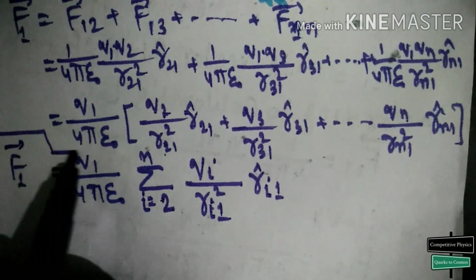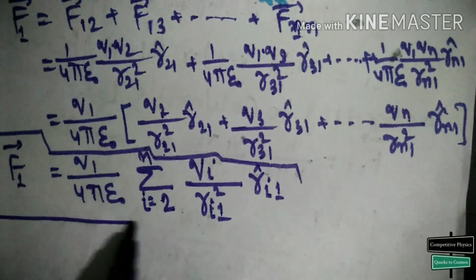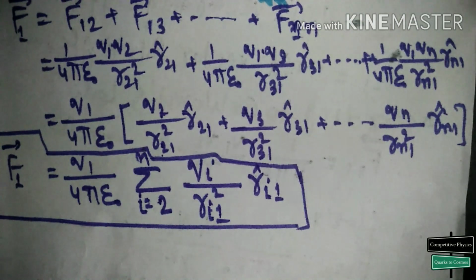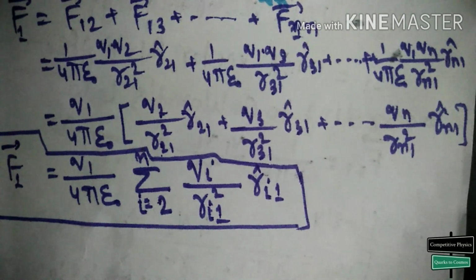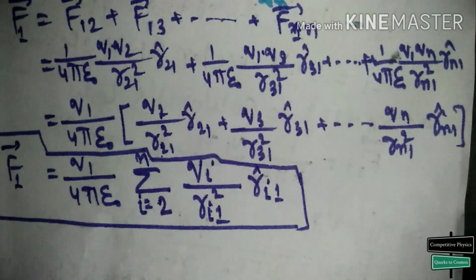This is the shorthand notation in terms of summation. This is what is known as the superposition principle. Basically, the superposition principle is nothing but finding the sum of the forces due to all other charges on the charge at which you want to find the net force.